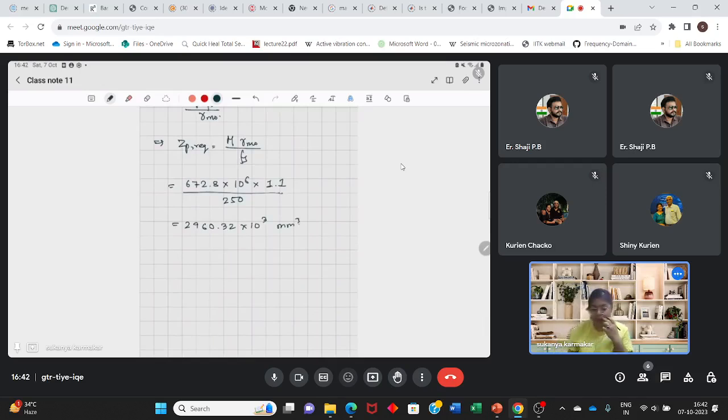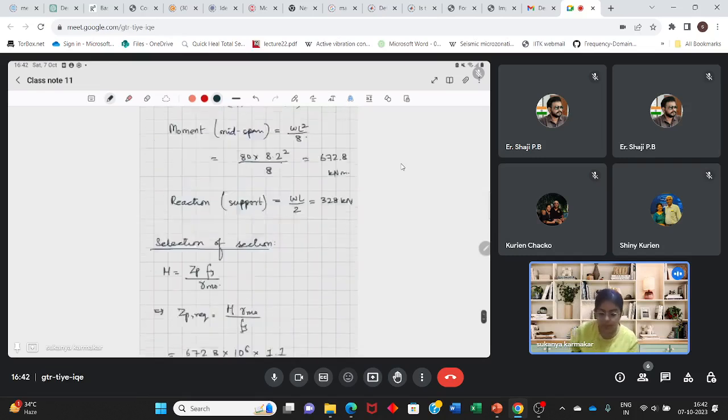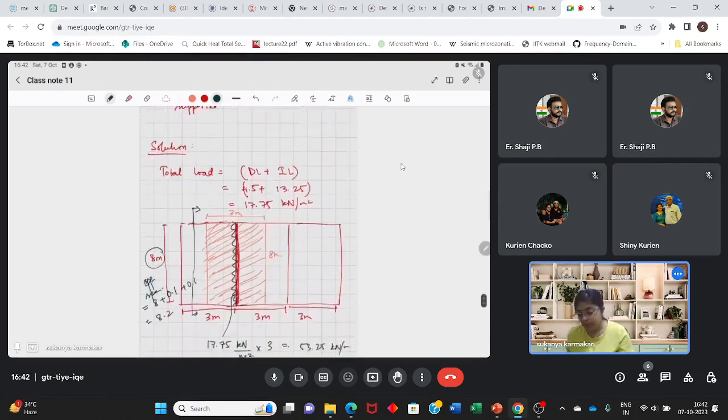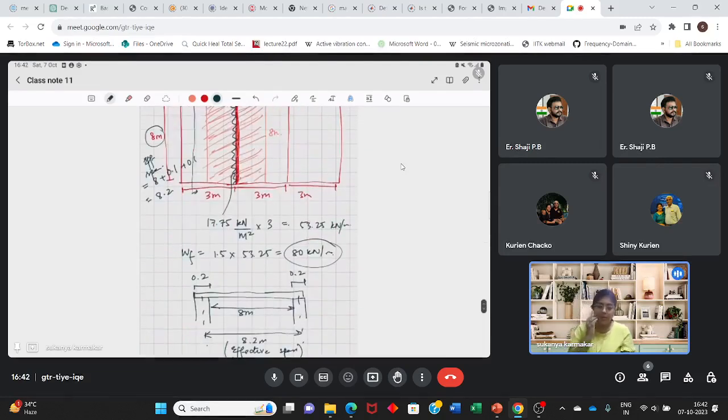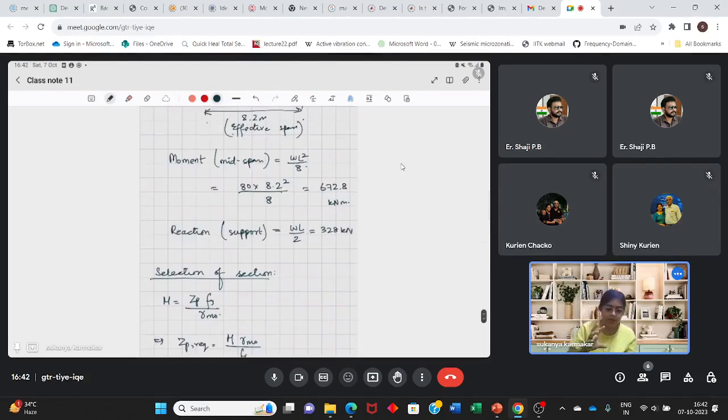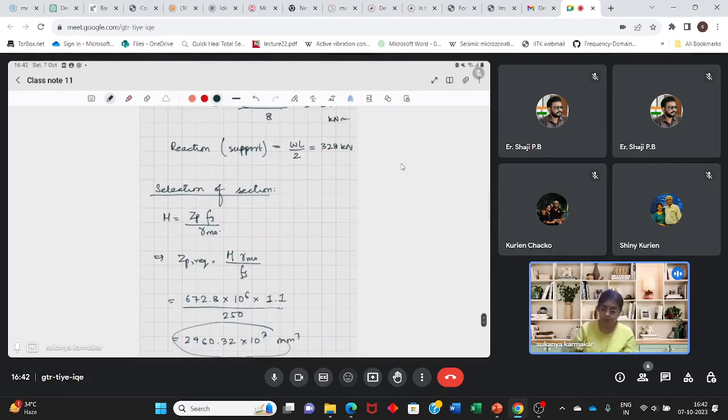But when we look at the handbook, you will find that with this amount of plastic section modulus, and here the depth is restricted to 500 mm, you will not find any section. So you need to take a section which has a depth less than 500, very close to it, and then you have to increase the plastic section modulus.